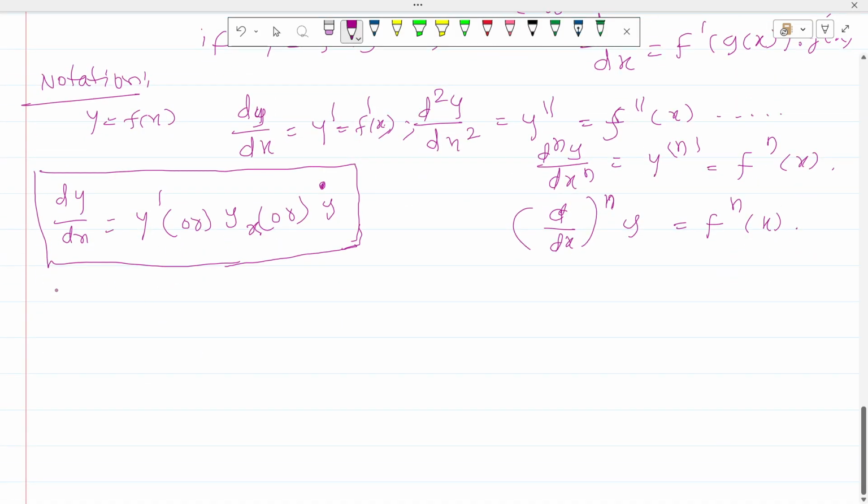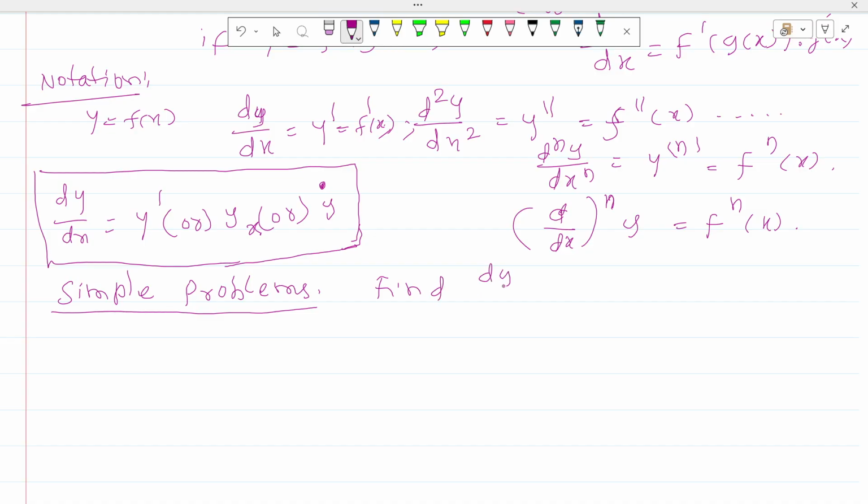So we can see some simple problems solved. Find dy by dx of x power 2 by 3.